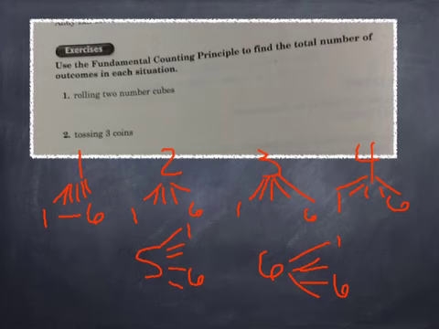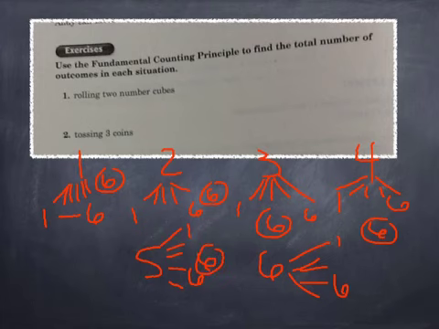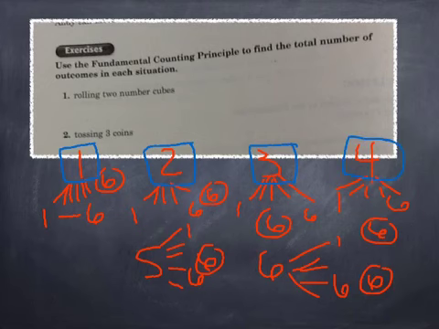So for each one of the number cubes, there are 6 branches. So we had 6 options initially, and each of those options has 6 branches.